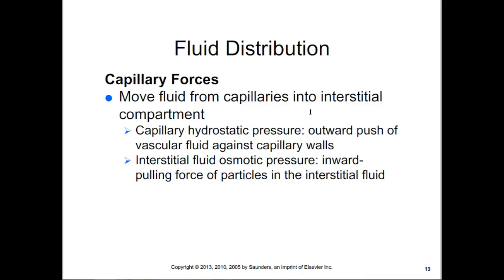So these two pressures that I just mentioned, hydrostatic pressure and the interstitial fluid osmotic pressure, are opposing pressures. One is going out into the interstitial fluid, the other one's going into your blood. So these two are constantly fighting against each other.